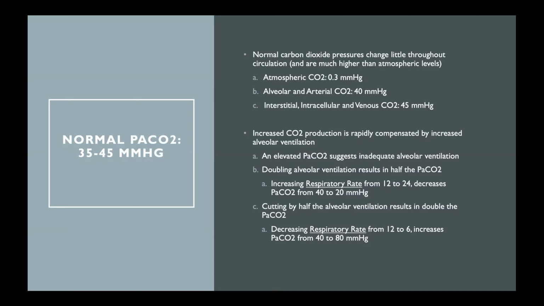Decreasing the respiratory rate from 12 to 6 increases the carbon dioxide from 40 to 80. So if you want to increase the carbon dioxide in the blood, sometimes you reduce the respiratory rate setting on the machine. Somebody will teach you about this in ventilation, I suppose, in acute cardiovascular care. They will tell you about it.